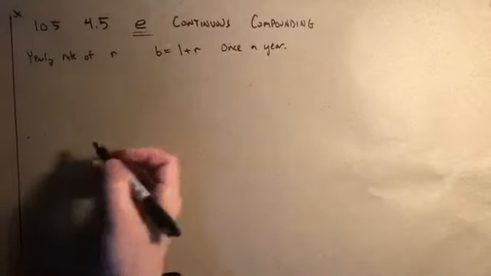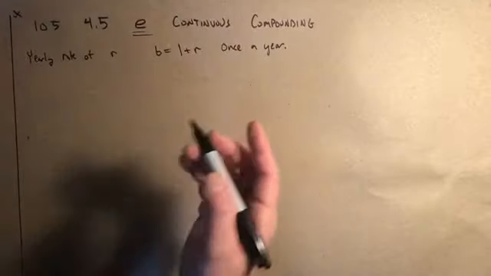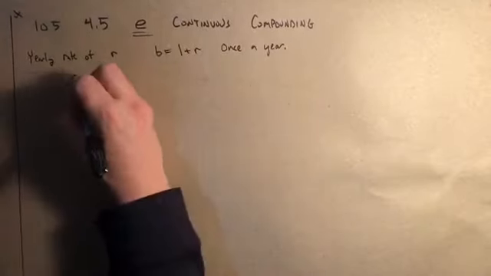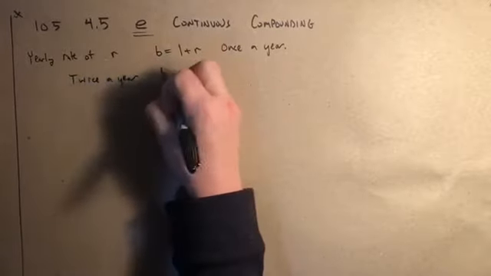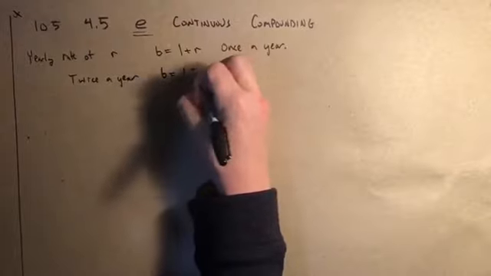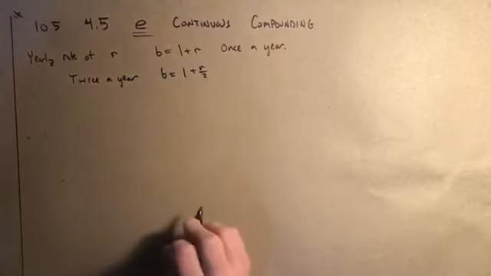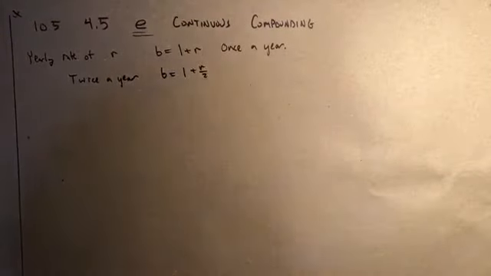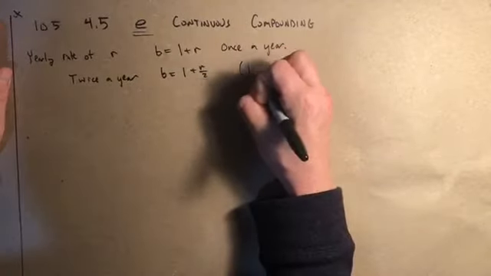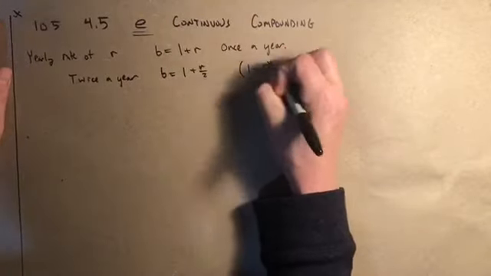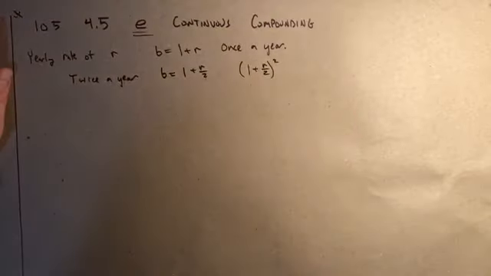If I then look at a yearly rate of r, but I'm going to go at it twice a year, b will be equal to 1 plus r over 2. But if I'm going to look at this thing yearly, just for this to make sense, I'll really have 1 plus r over 2 quantity squared.